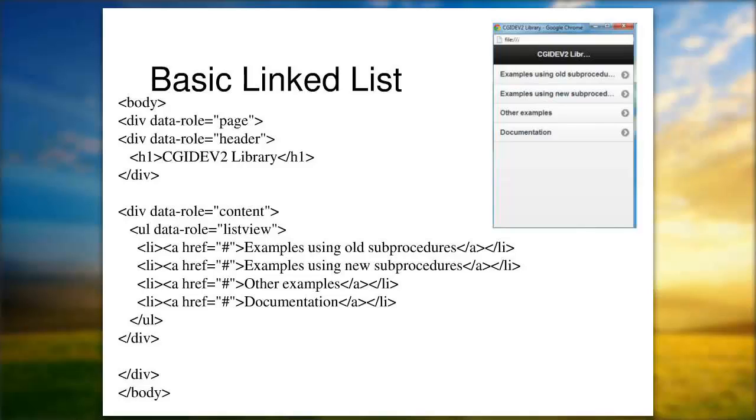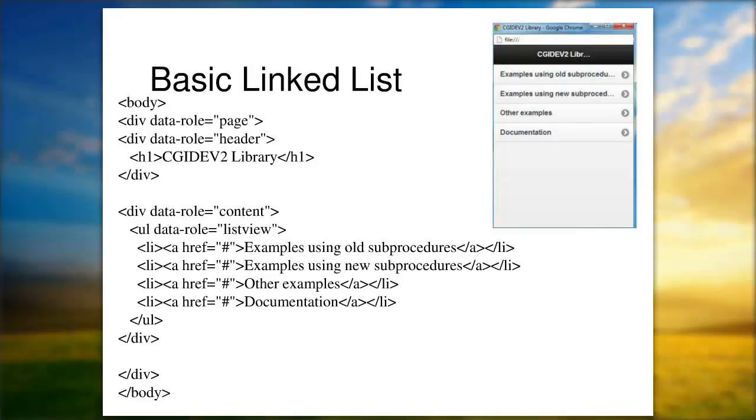All right, we also can use lists. And we'll be covering lists more next week, but this is just a preview. And here again, on a mobile device, because of their size, it is very difficult to click on a traditional link. So what jQuery does for us, it automatically makes buttons for us.